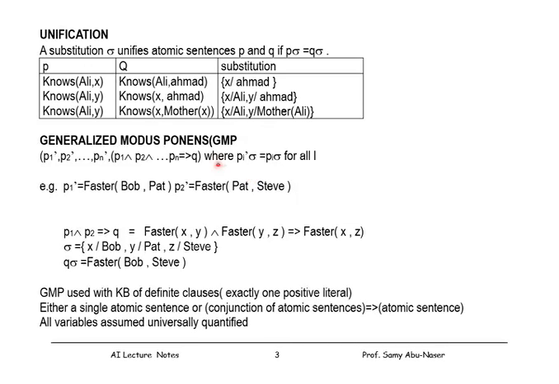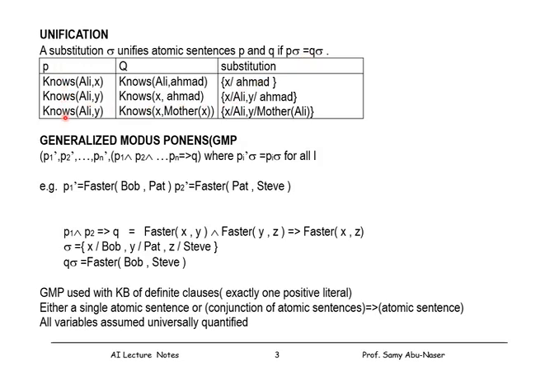Let me remind you of unification. In the previous lecture we talked about unification. A substitution sigma unifies atomic sentences P and Q if P sigma equals Q sigma. Let's see what it means.